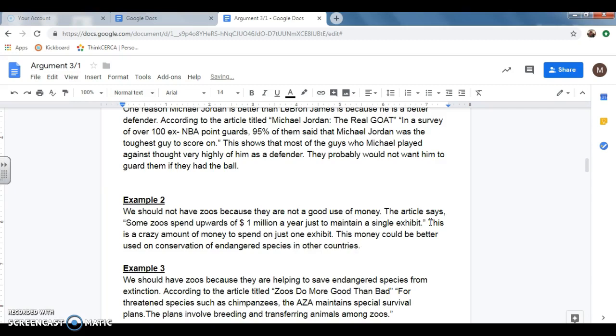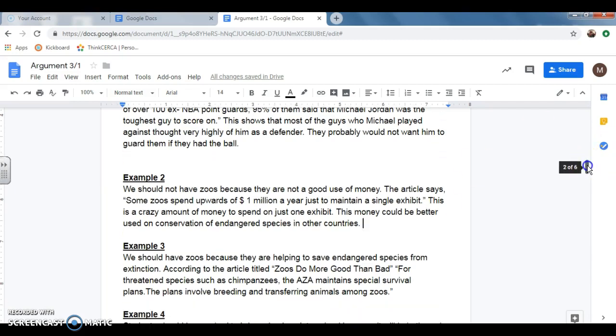That last sentence really connects back to the fact that it's not a good use of money. And you notice that both of my reasonings in examples 1 and 2 are two sentences, not just one sentence saying this proves my reason, but really taking it a step further based on my argument. You're going to have to be a little bit more creative, and it's not going to come to you right away.